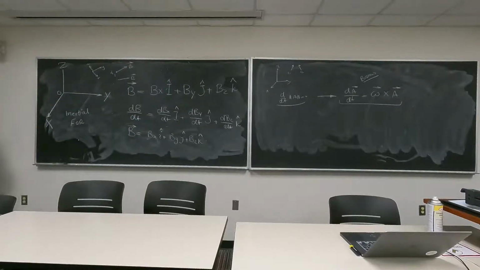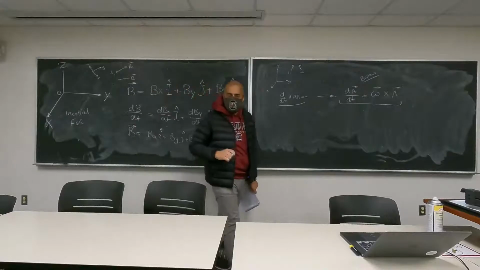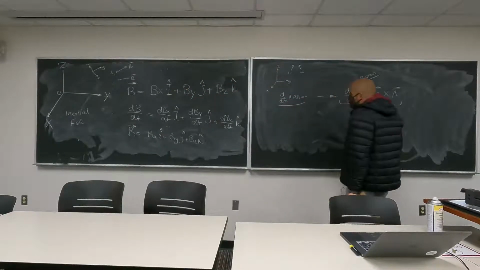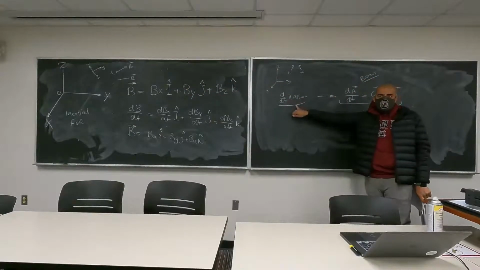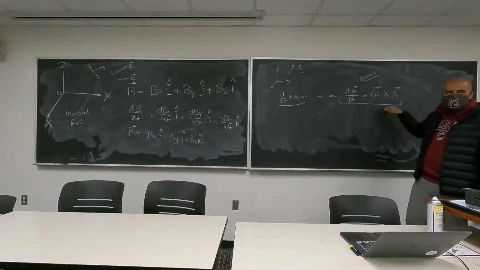They are going to rotate and move with the frame. So your i, j, and k are definitely going to change. And since these are unit vectors, their magnitude does not change at all, right? So their changes with respect to time can be formulated like this.